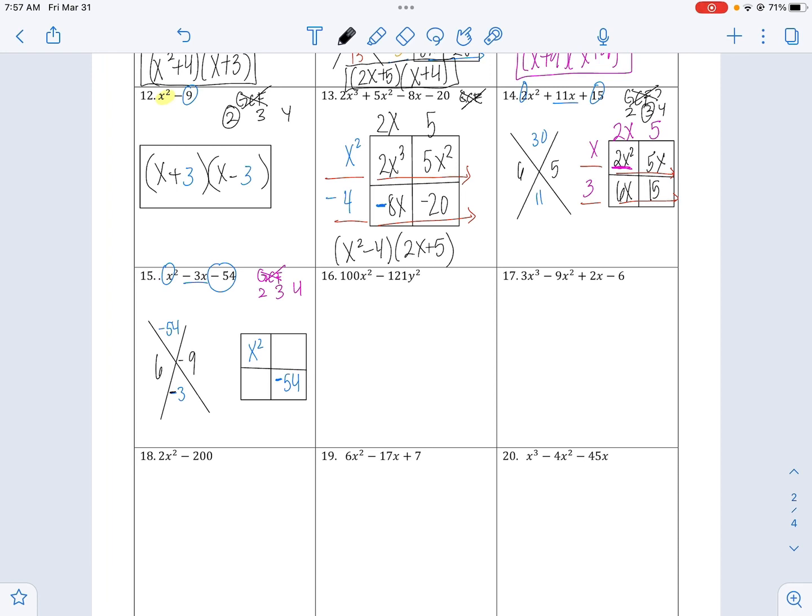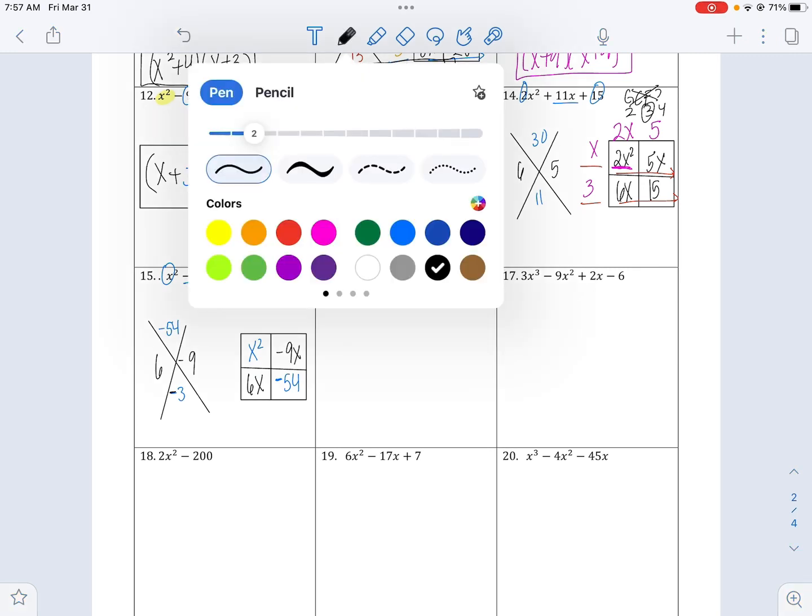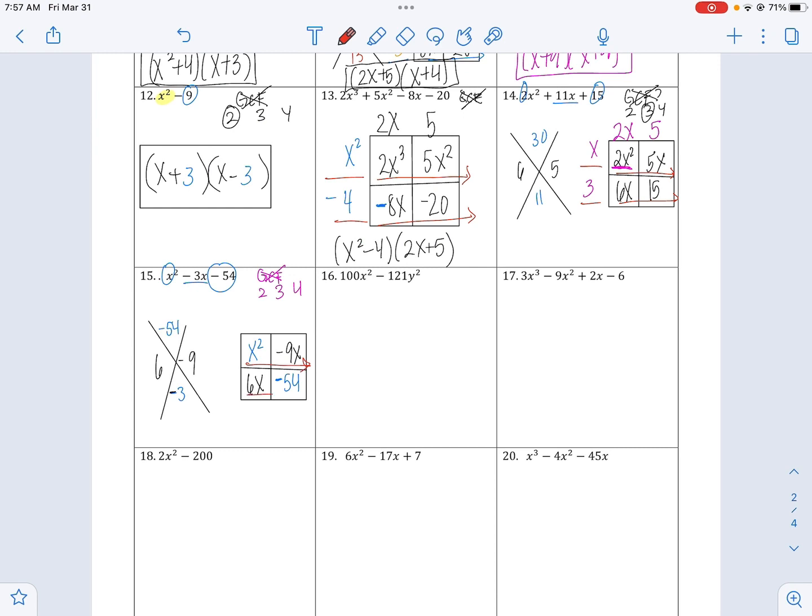Okay, so we're going to go ahead and replace 6x, negative 9x. Awesome. Go ahead and find the GCF of each row. The first row has an x, the bottom row has, okay, can I do 6? Yes, because 6 times 9 is 54.